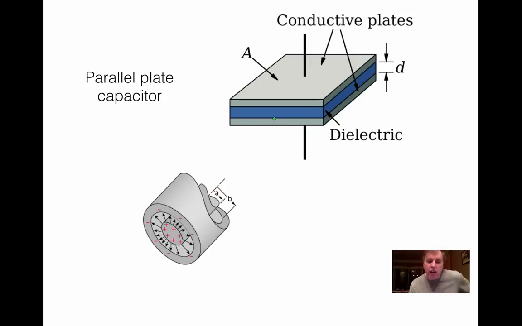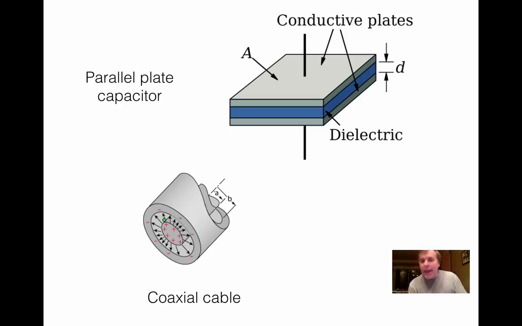There's also what is called a coaxial cable. If you have cable TV at home, you use a coax cable. In that case, you have a small cylinder here that is conducting. You have charges that can accumulate on this cylinder, and then you have an outer hollow cylinder that is not touching the first cylinder directly.